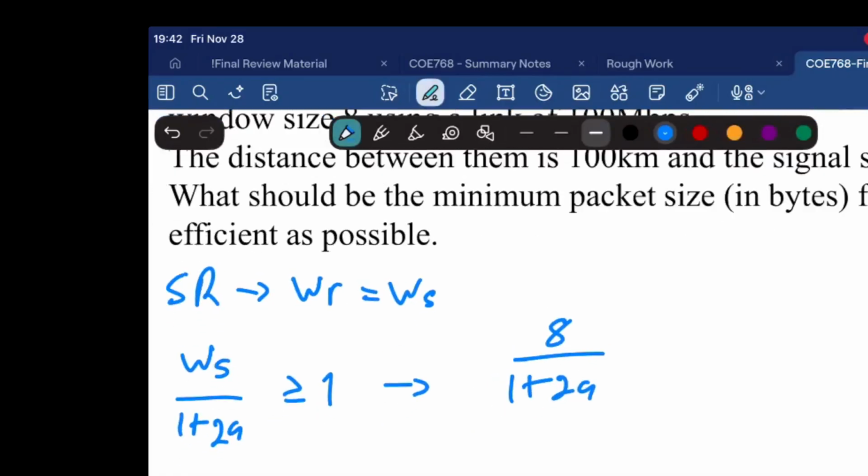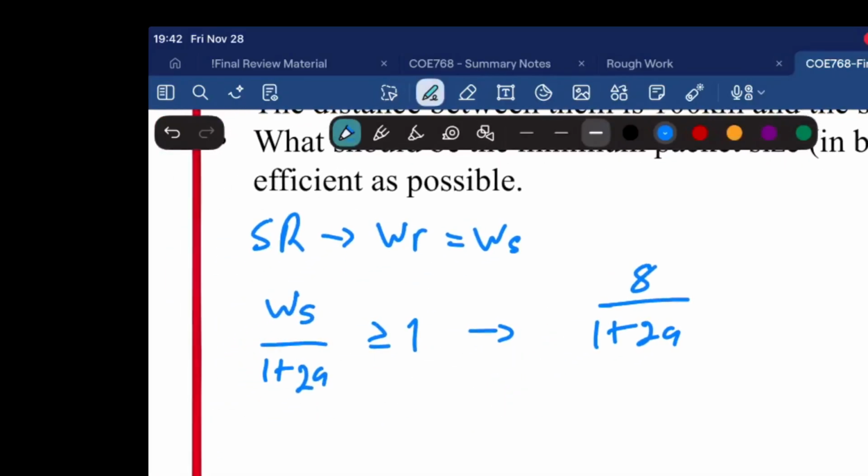Okay, so here, once again, we need to find the propagation delay and the transmission delay.